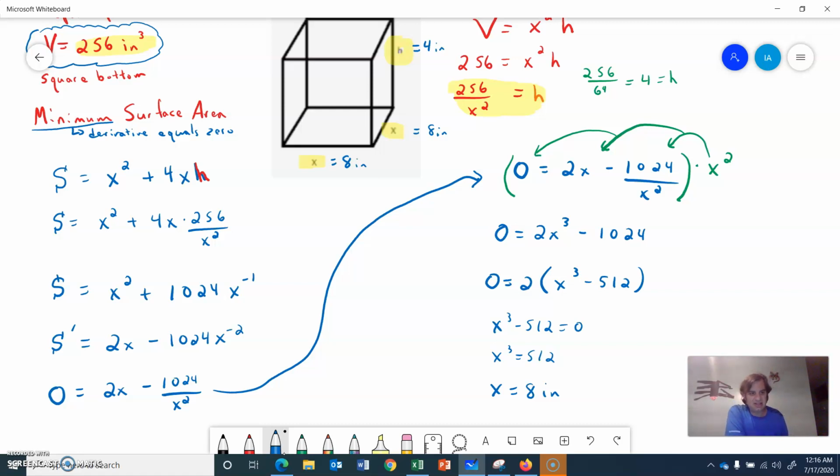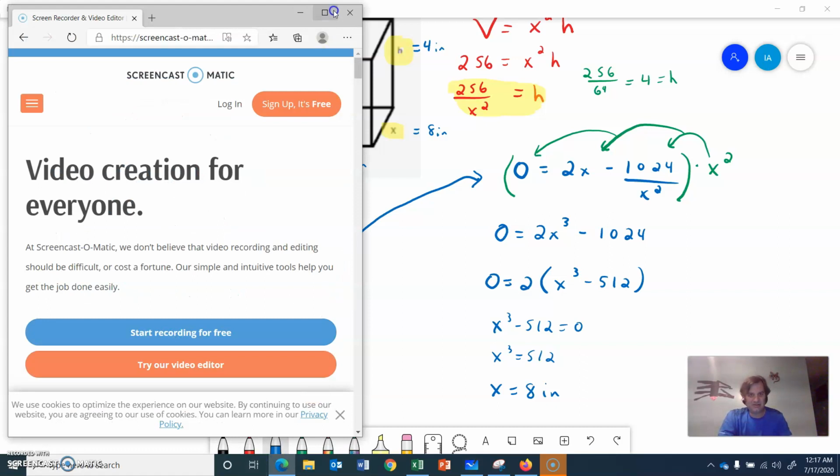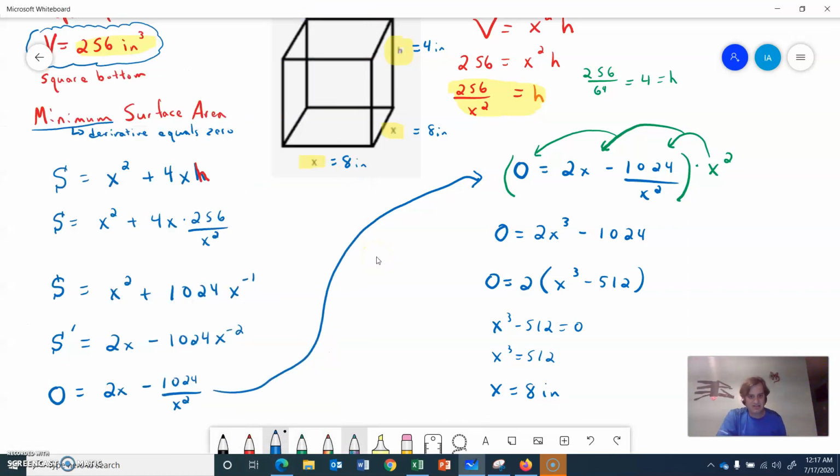So let's just check. This is not part of the question, but let's check. The surface area would be 8 squared, that would be the bottom, plus 4 times, that's the 4 sides, 8 times 4 for the length times the height.